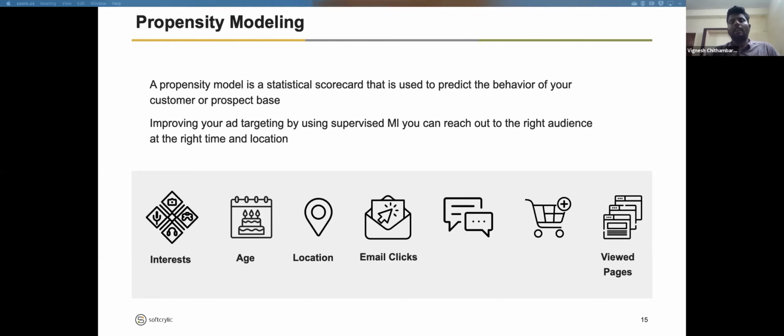So let's say we have the customer's interests, age, location, email clicks, page views, social media activities, likes and dislikes, and we have tons of data about the customer as well as whether in the past the particular customer has clicked or not. So again, we are going to train a supervised algorithm model on this data, and this algorithm is going to search for a particular pattern which correlates to the desired outcome, whether he will click on a particular ad campaign or not.